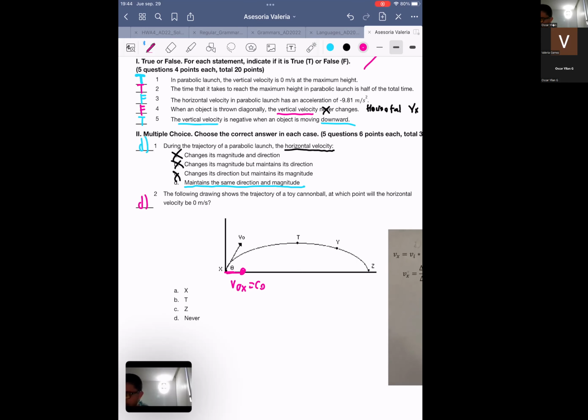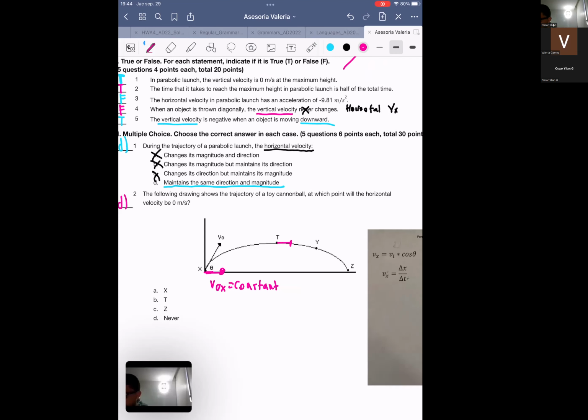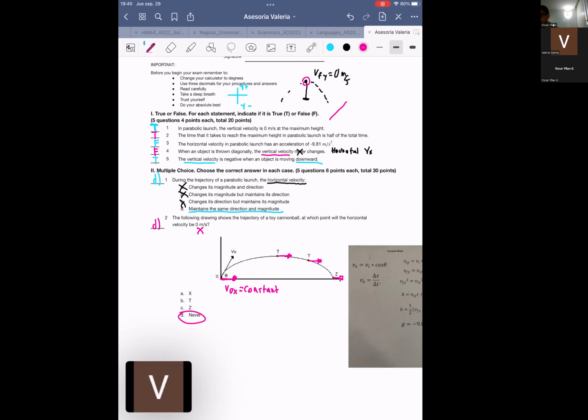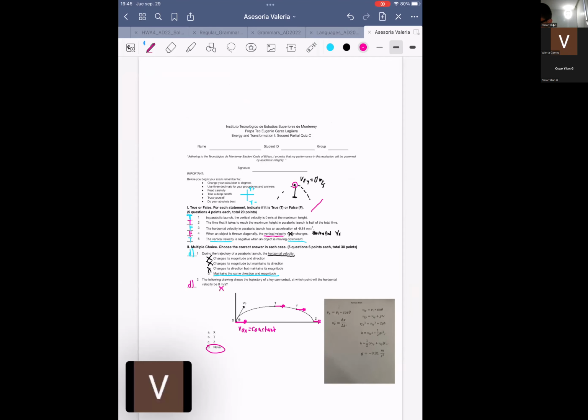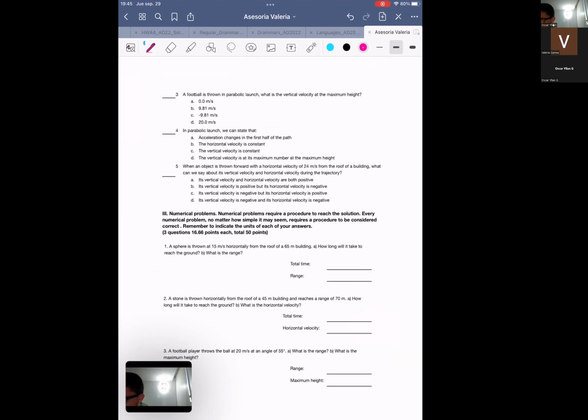And if this is constant, this is never going to be 0. In any point, we will have the same Vx. So basically, this will never be 0. That's why it says never, right?